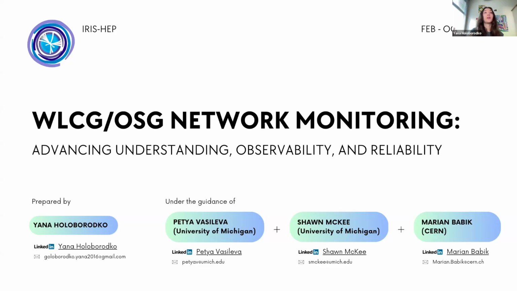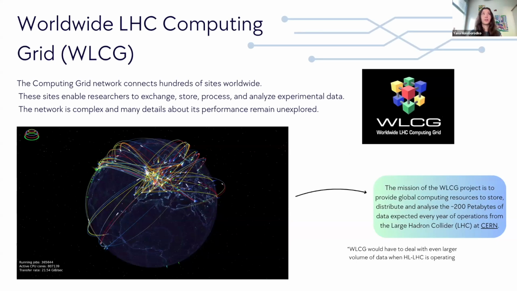Before we jump into the project directly, I'm not sure what your background is, whether you are working with WLCG closely on an everyday basis or not. So to provide a small background, the WLCG, or Worldwide LHC Computing Grid, was initially created to deal with a huge amount of data. We are talking about 200 petabytes per year.